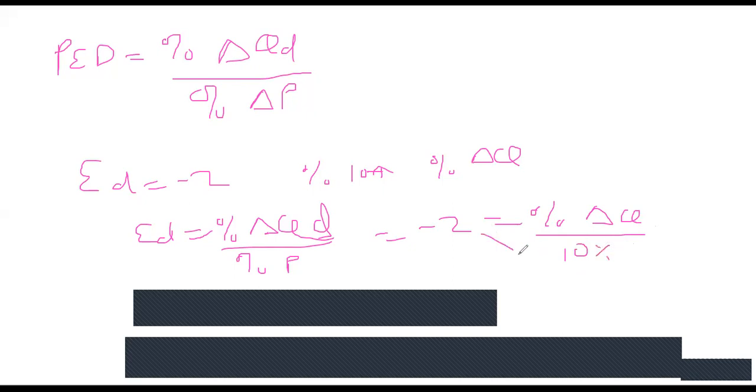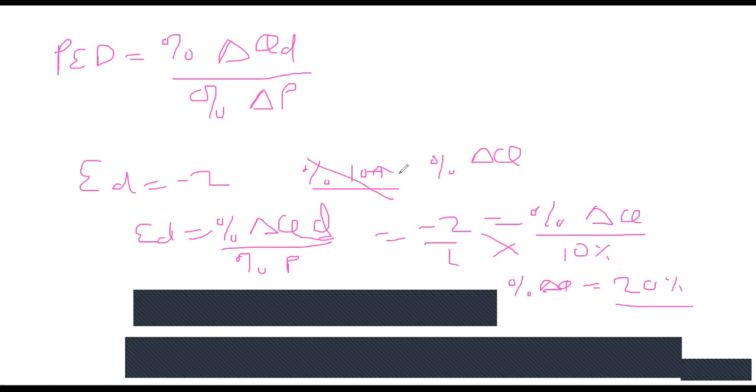If you cross multiply, the percentage change in quantity demanded is equal to 2 times 10, which is 20%, which is elastic. So what is the implication of a price rise by 10%? We're going to lose demand by 20%. This is when demand is elastic.